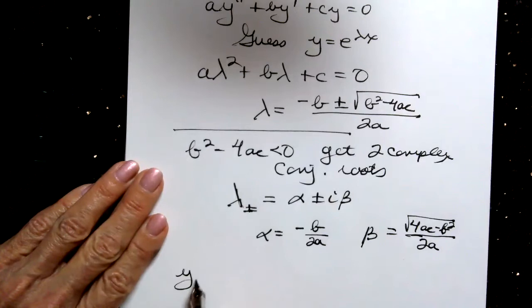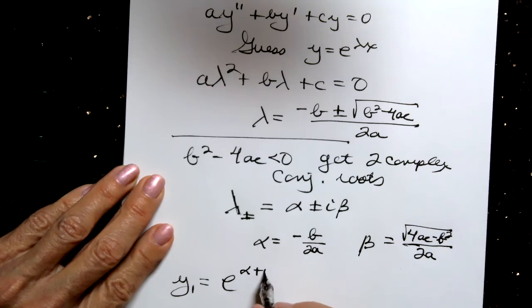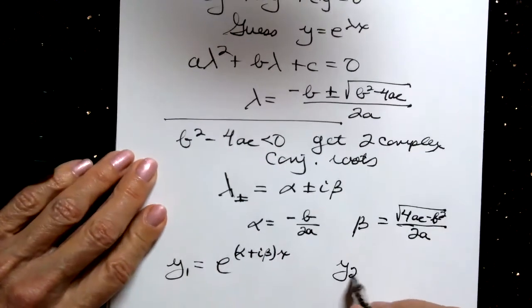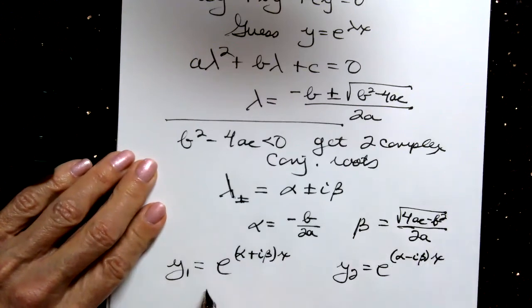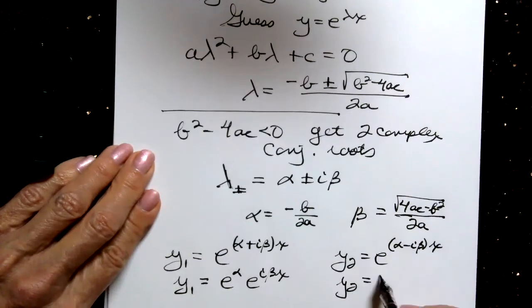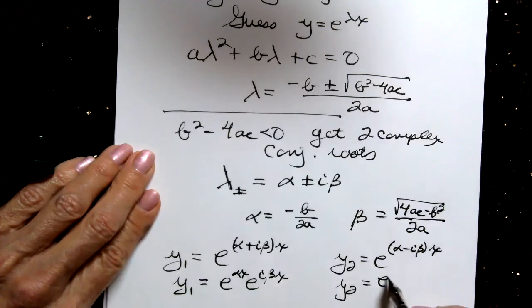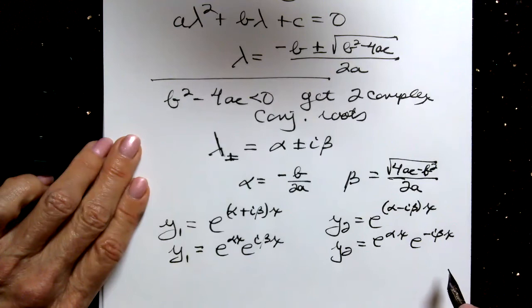So y1 is e to the alpha plus i beta times x, and y2 is e to the alpha minus i beta times x, which I can write as e to the alpha x times e to the i beta x, and e to the alpha x times e to the minus i beta x. Those are two linearly independent solutions.